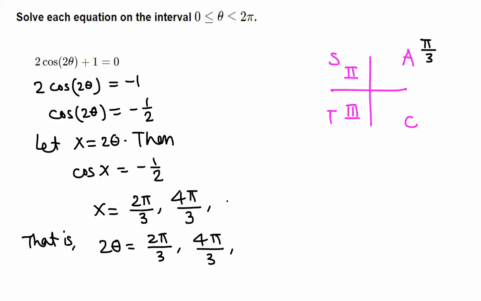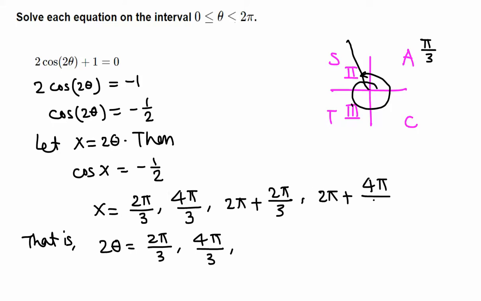So one more: 2 pi plus the first angle. It's like if this is 2 pi over 3, then we go one more round and come back there. That's 2 pi plus 2 pi over 3, and again 2 pi plus 4 pi over 3.